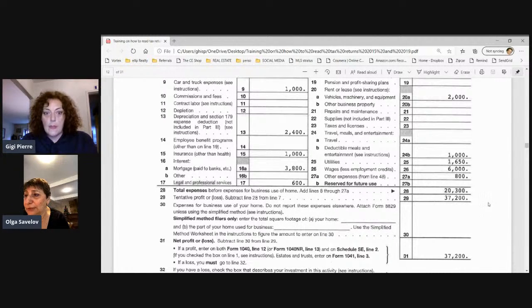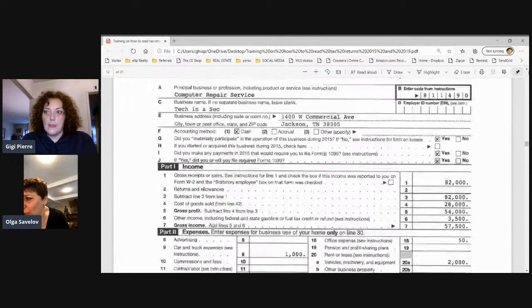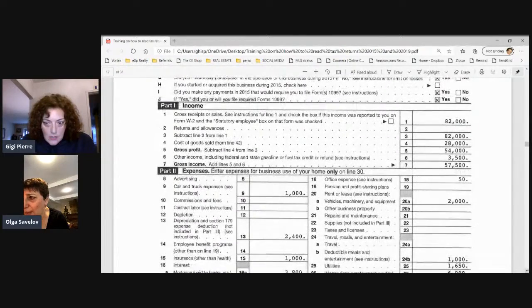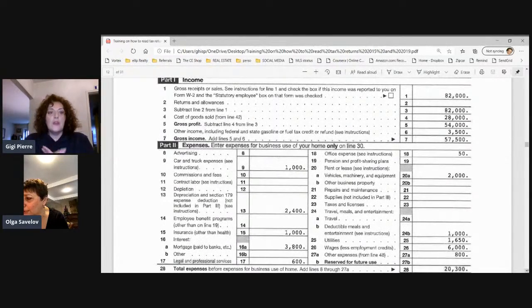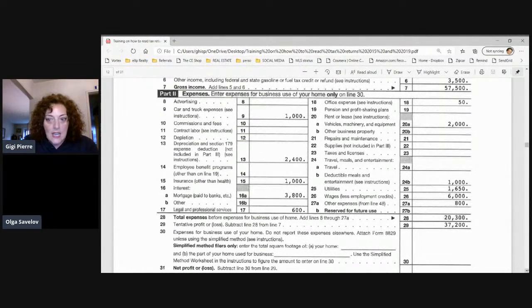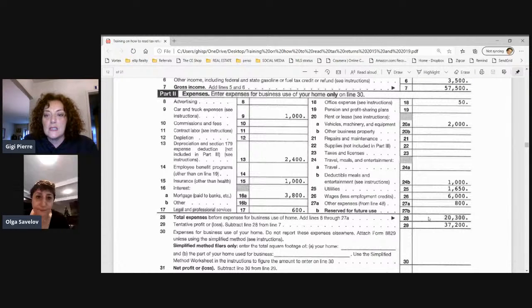If you take a look at line 9, which is car expense, then you have $2,400. It's recapped right here, a recap of all his expenses. I'm just being the devil's advocate, like I don't know anything, so I'm asking. All right, so now we're deducting all those expenses of $20,000, and it comes down to 37,200, which we have on line 29.